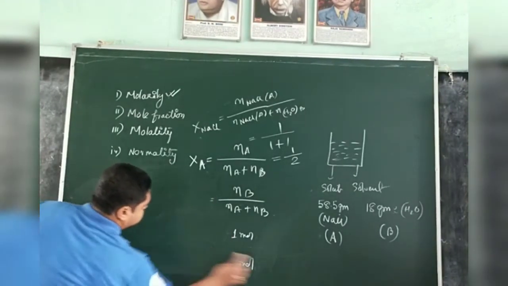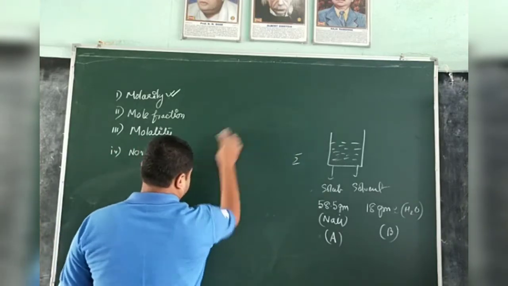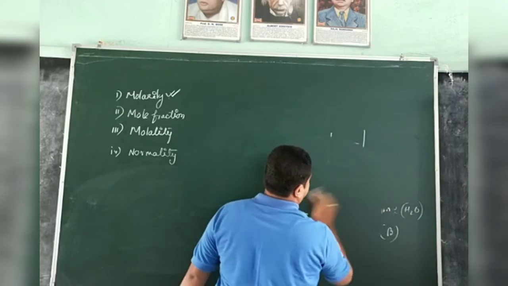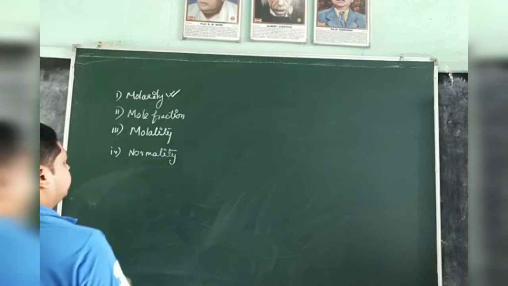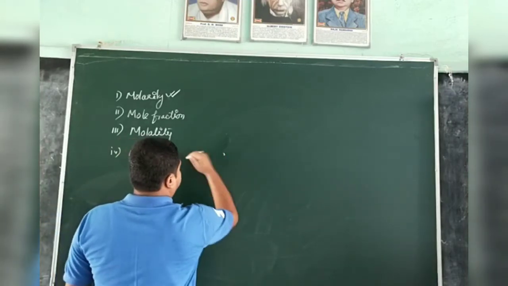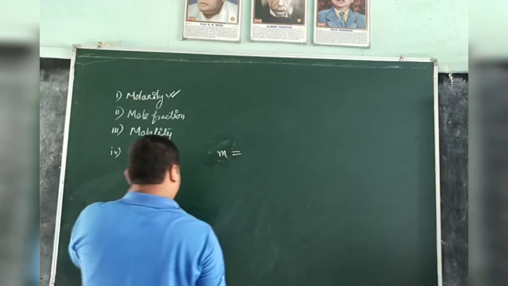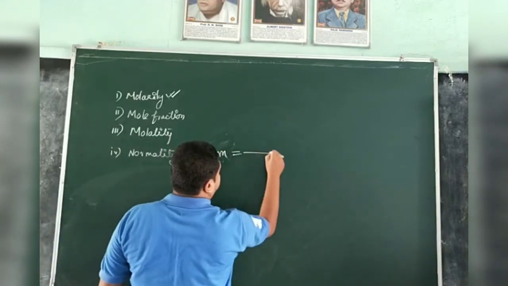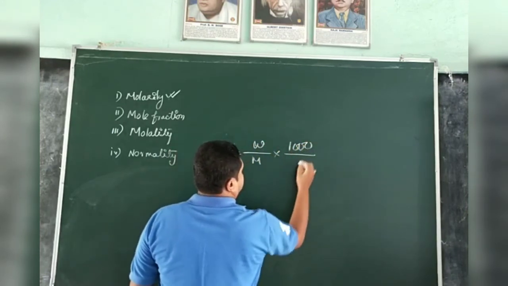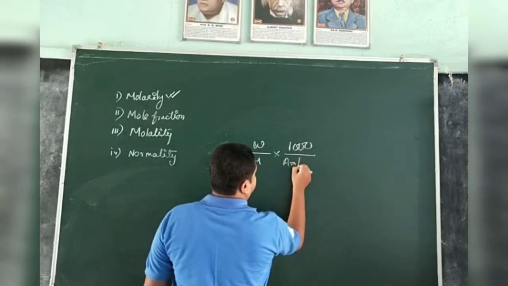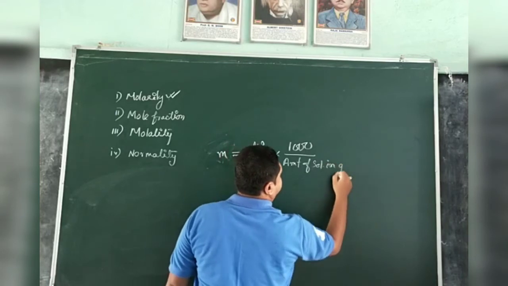So the third one, molality. This is similar to molarity, but remember one thing: molality is defined as small letter m. This is also W by m, so 1000 by the amount of solvent in gram.